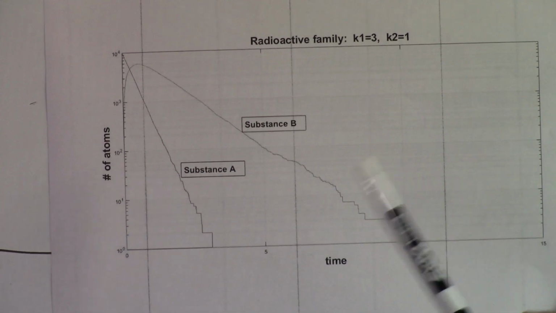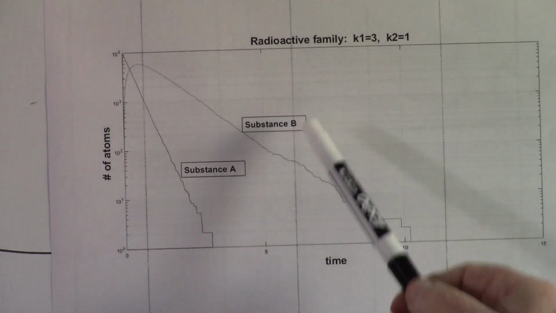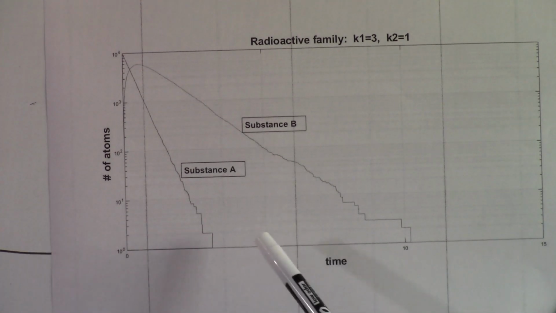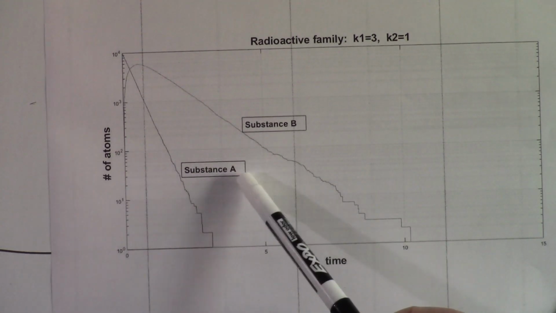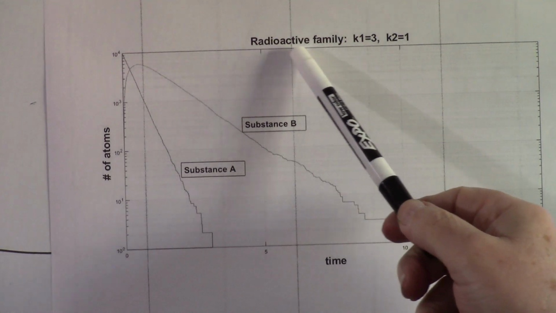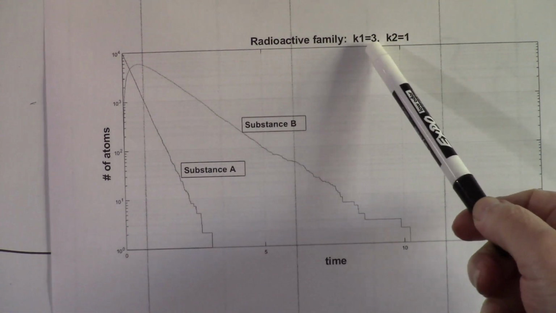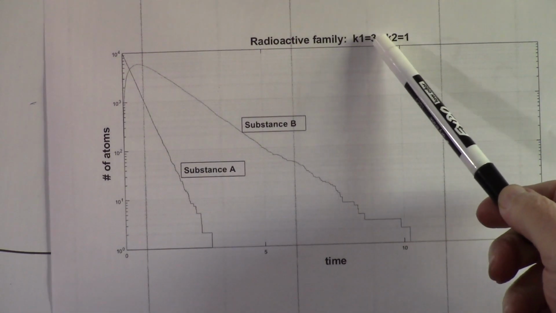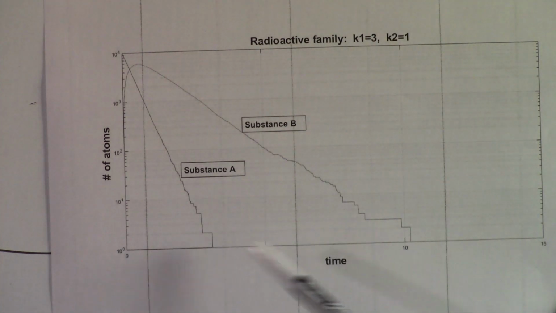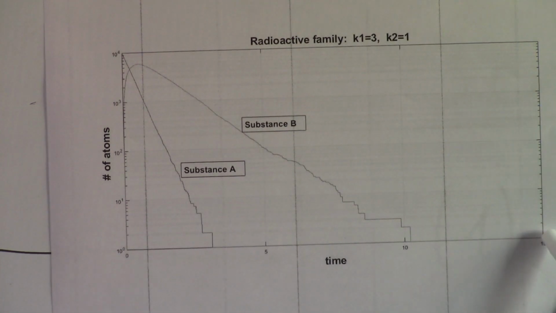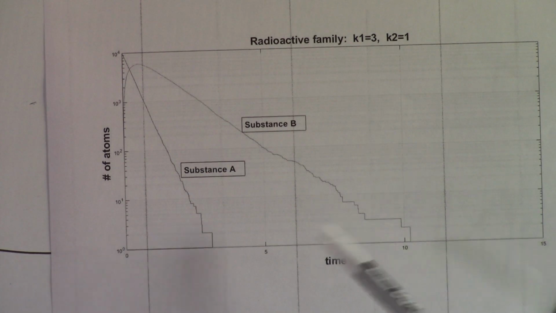We have two substances, A and B. Initially, substance A decays with the rate 3, in some units where time depends on how time is measured. Say time is measured in hours or in years, and correspondingly we have rate 3.